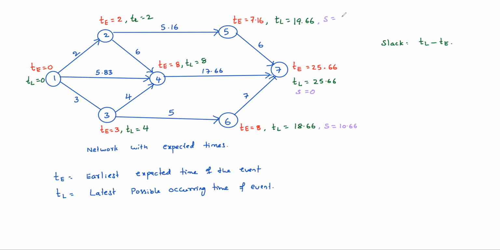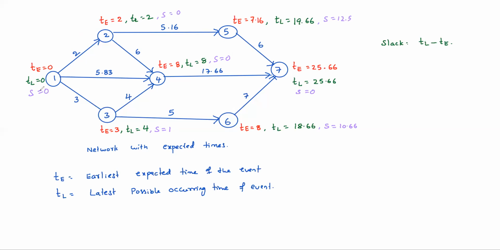Slack 0 means you cannot relax. Where there is slack, some relaxation, some delay can happen at that event.